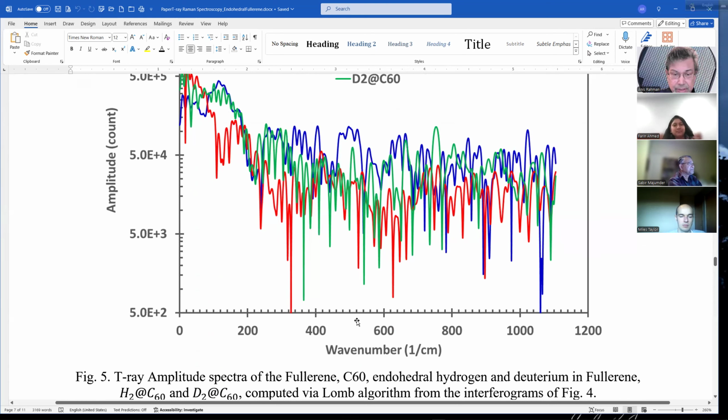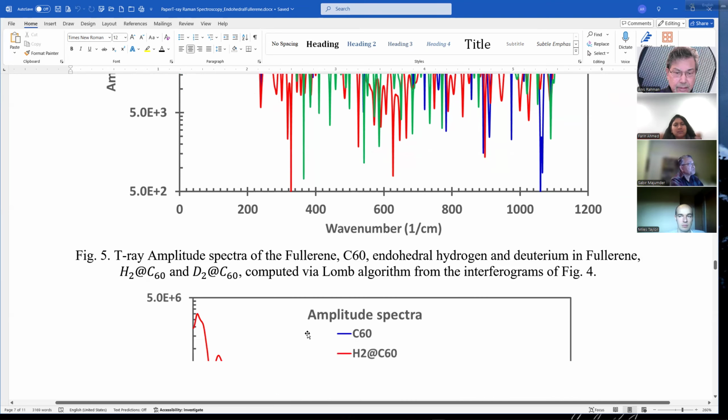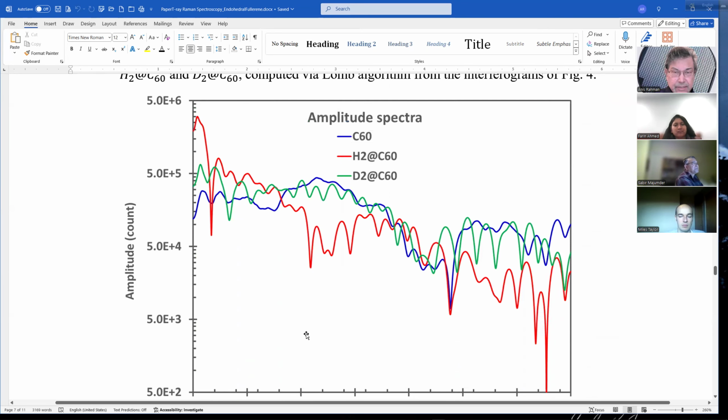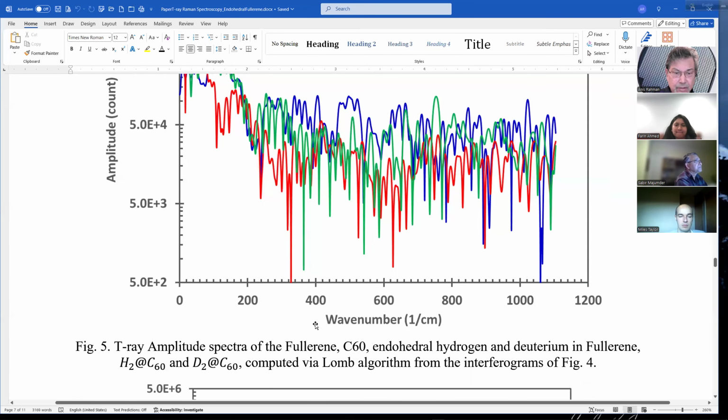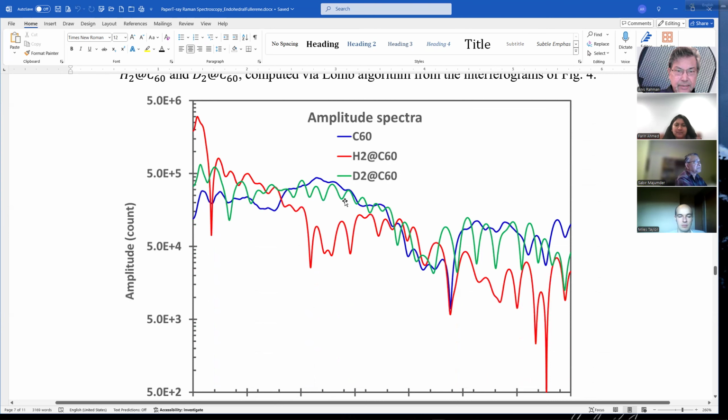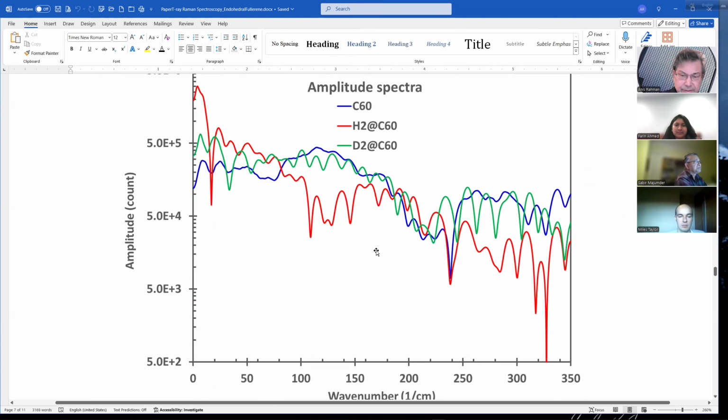Where Raman would have stopped around here at 500 wave number, we have this low frequency region due to T-ray energy. Then this is a close-up of this graph showing that the three spectra are different.